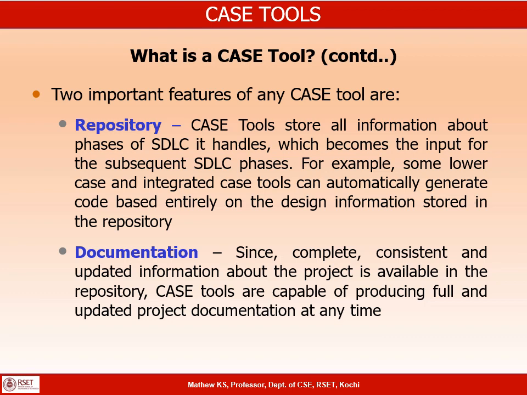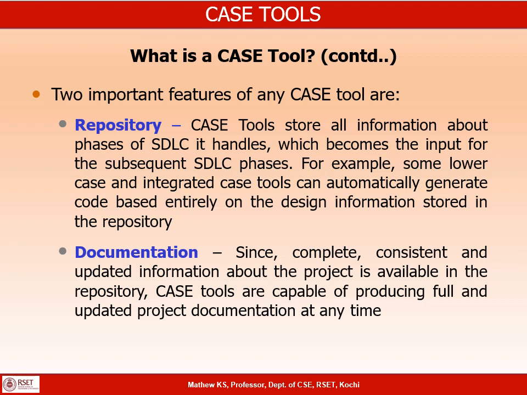There's a repository for the analysis tool that stores all the models, which becomes input for the code generator. If these models use standard conventions that can be accessed by the code generator, the repository can be accessed to get the models from which the code is generated.